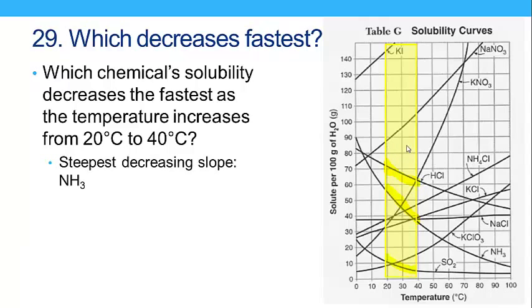For gases, as we increase the temperature, solubility decreases. This is why a hot soda will go flat before a cold soda. The one with the steepest slope, the biggest change, is going to be ammonia.